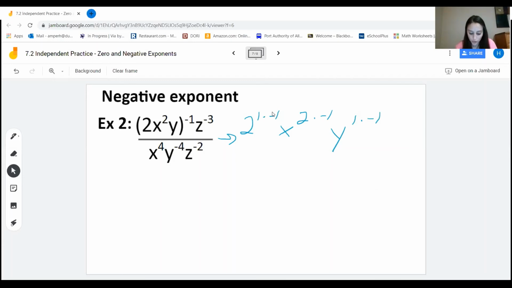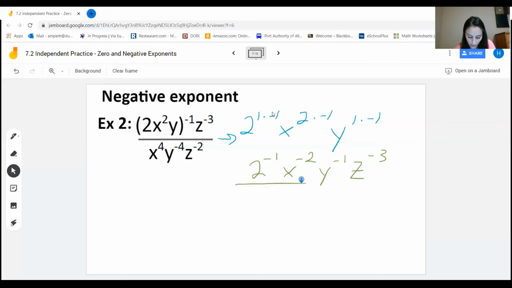So simplified, the expression inside those parentheses is going to become 2 to the negative 1, x to the negative 2, y to the negative 1. And now we can write it as normal after we applied that exponent.